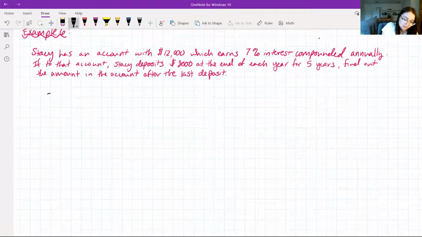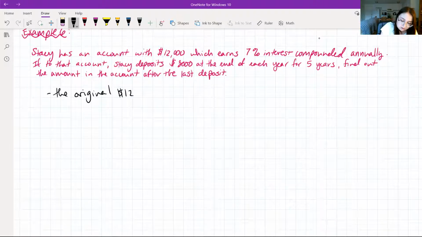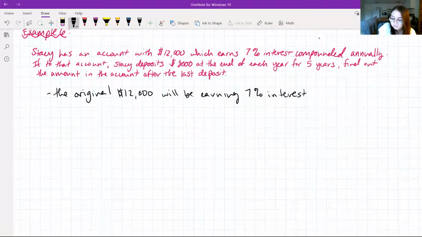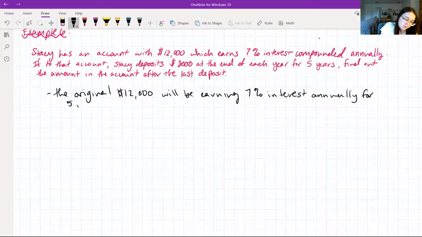So the original $12,000 will be earning that 7% per year for 5 years. All right.